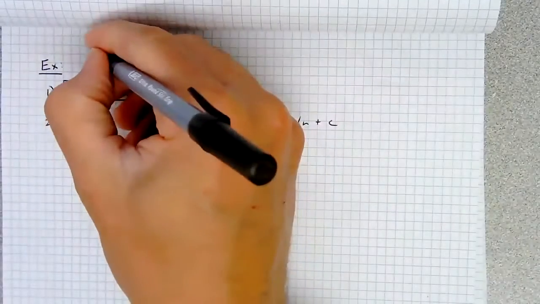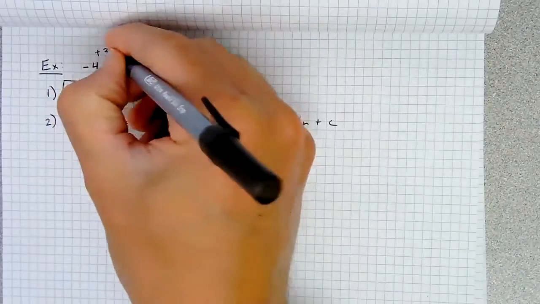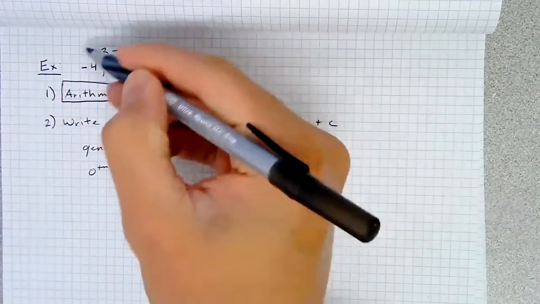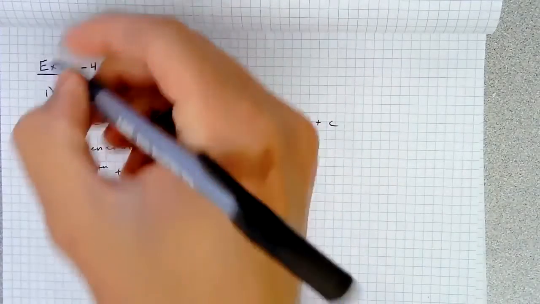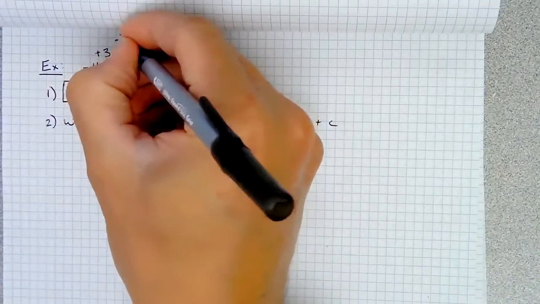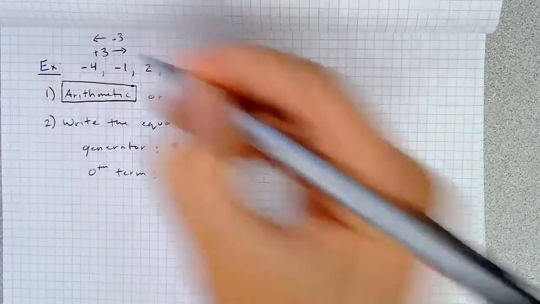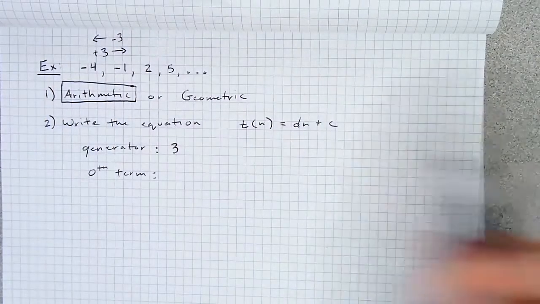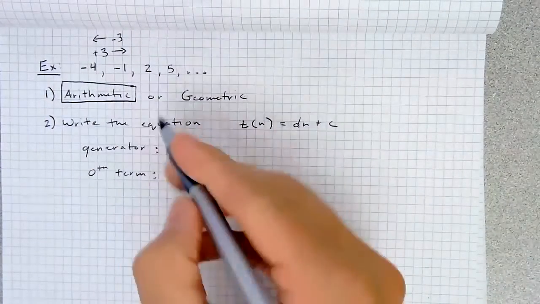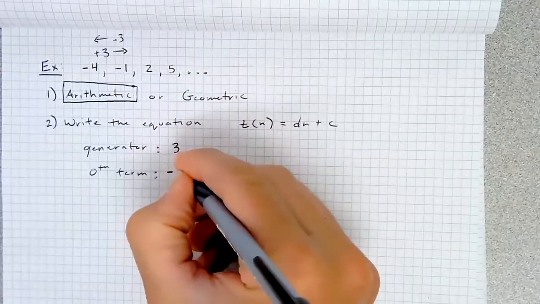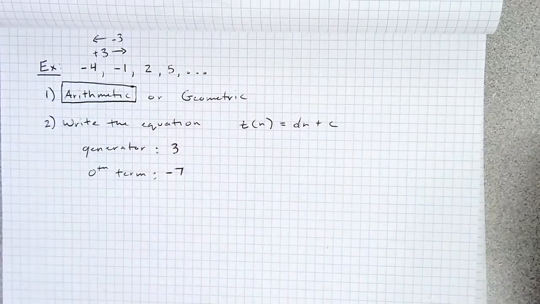If we're adding 3 going this way, what are we doing going this way? Should be subtracting 3. So -4 minus 3 would give us a 0 term of -7.